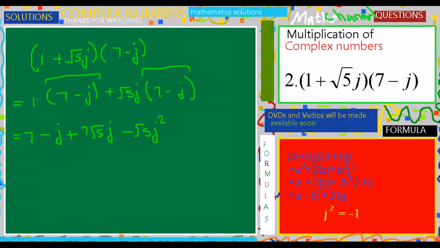So 1 times 7 is 7, 1 times negative j is negative j, square root of 7 multiplied by 7 is 7 root 5, root 5 multiplied by negative j is negative root 5 j, and negative j squared. So we change negative j squared to negative 1. We have negative 1.